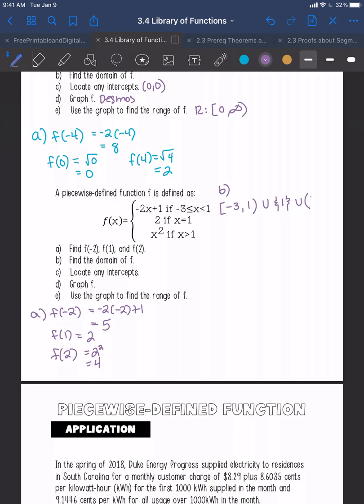So we do not include 1, and it goes to positive infinity. Again, if you look, we don't have any jumps. We go from negative 3 to 1, and then 1 is included, and then we go from 1 all the way up to infinity. So our domain is negative 3 to infinity with negative 3 included.